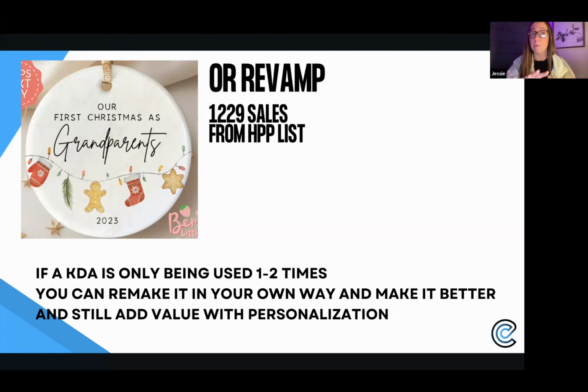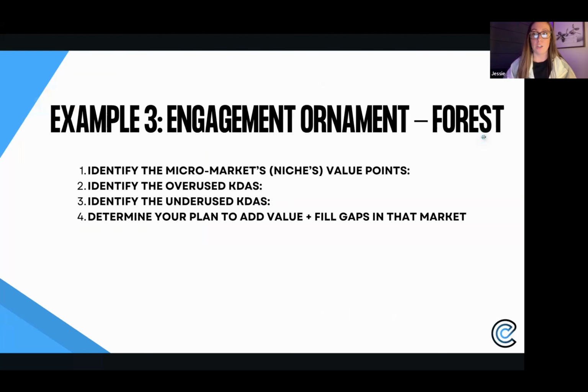Like don't copy it, make it in your own way. But it's sold 1,200 times and it's only showing up one time inside of my research. So you want to fill a gap in the market, but if you're going to take someone's idea that's working, just revamp it, make it better, put it on your photo templates that are better than theirs, and your SEO that's better than theirs.